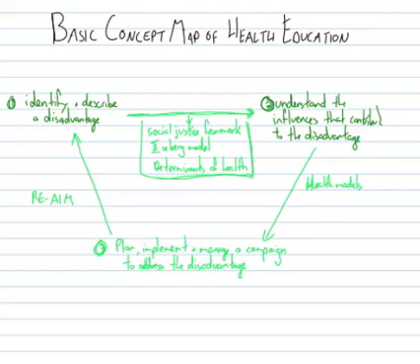Now, to move from our first goal to a second goal, we'll use some tools to help us understand the influences. Some of those tools include the social justice framework, the iceberg model, and the determinants of health.